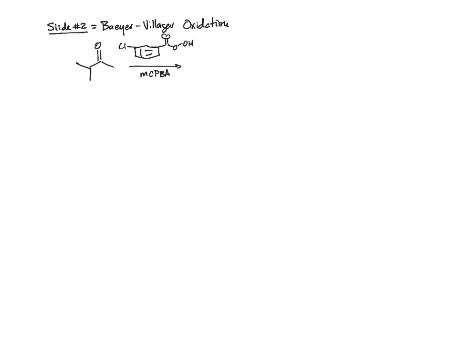So Baeyer-Villiger oxidation is when you're taking an oxidation state 2 functional group and treating it with a peroxy acid. Peroxy means there's a peroxide, that's an O-O sigma bond. So we're using mCPBA, which is meta-chloroperoxybenzoic acid.